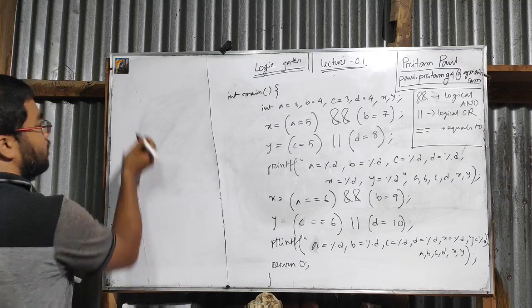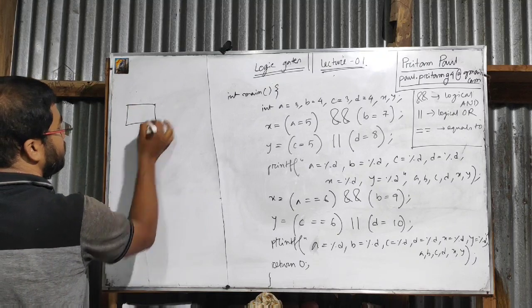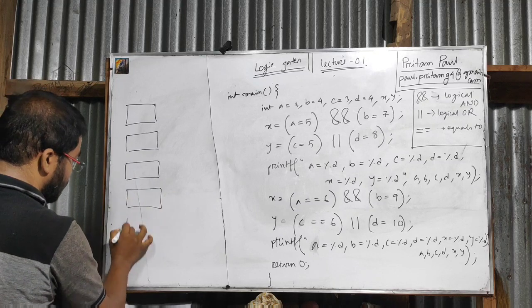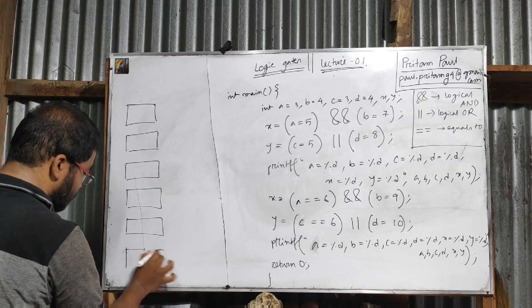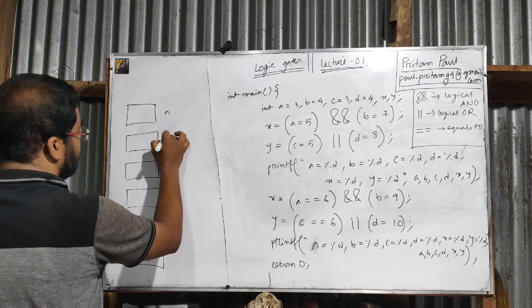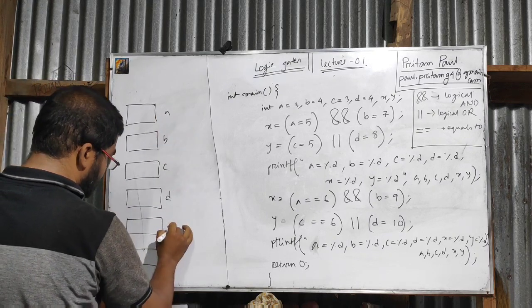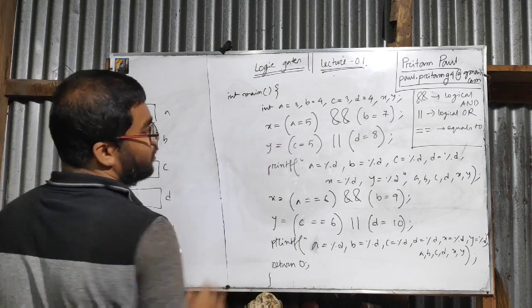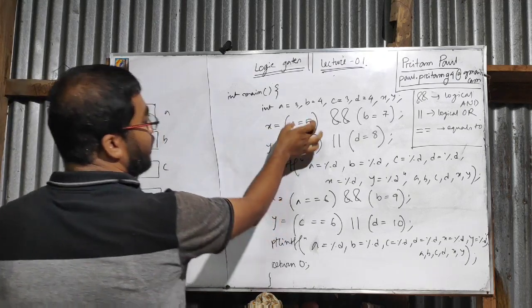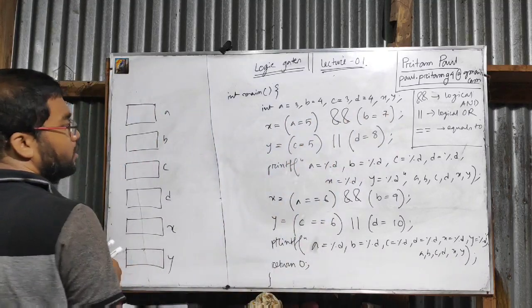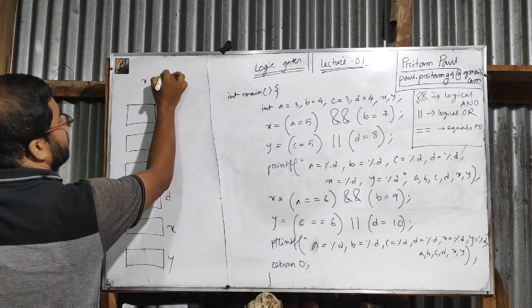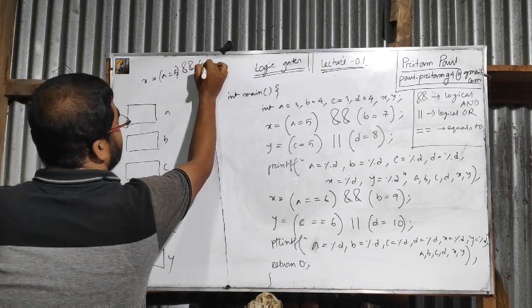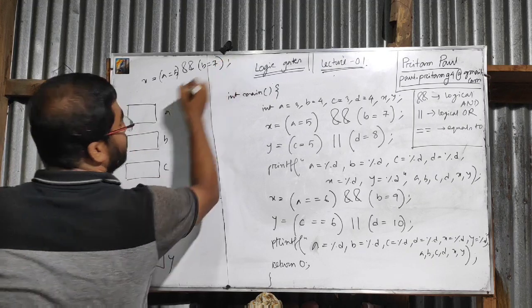Now if we want to solve this, this is A, B, C, D, X and Y. Now X equal to A equal to 5 and B equal to 7 semicolon.